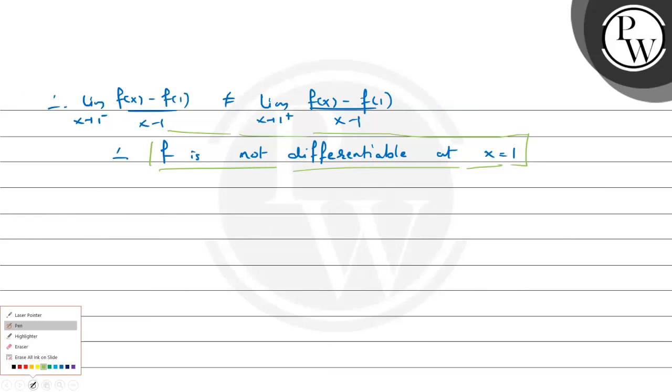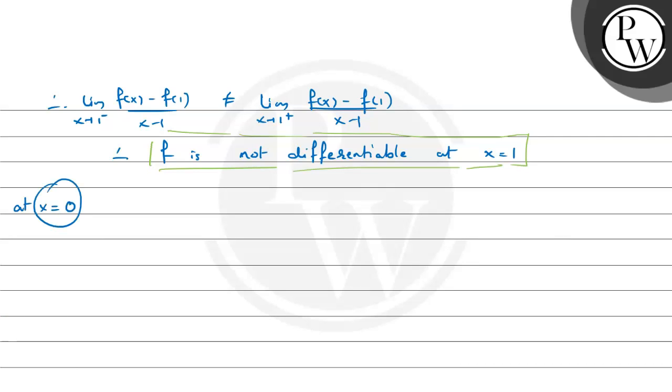Now further, let's move on to the next breakpoint, and that is at x equals 0. At x equals 0, let's check continuity first. Limit x tends to 0 minus of f(x): to the left of 0, the function defined is minus x, and limit x tends to 0 minus of minus x equals 0.